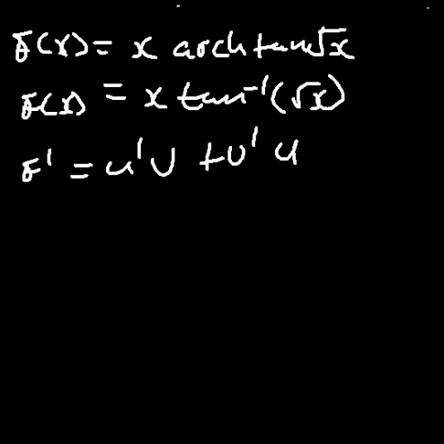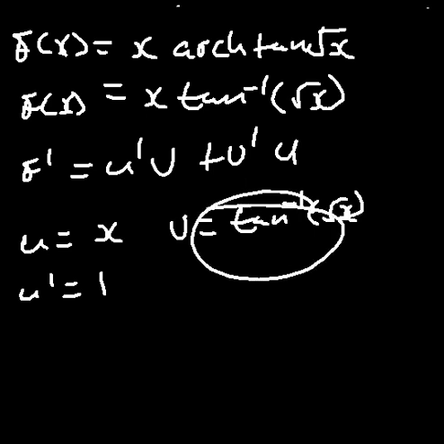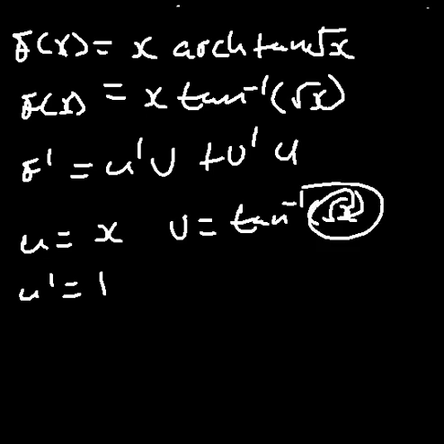Now u is given as x. What is the u prime? We have it as 1. And what is the v? We have it as tan inverse of the square root of x. So what is the derivative of that one? This is actually a trigonometric inverse function, in the sense that we have the inner function, which is the square root of x.